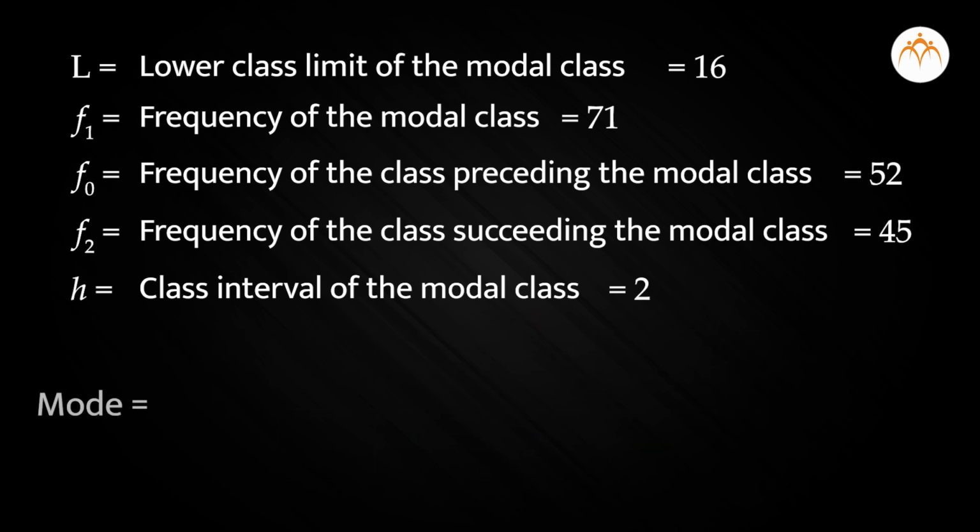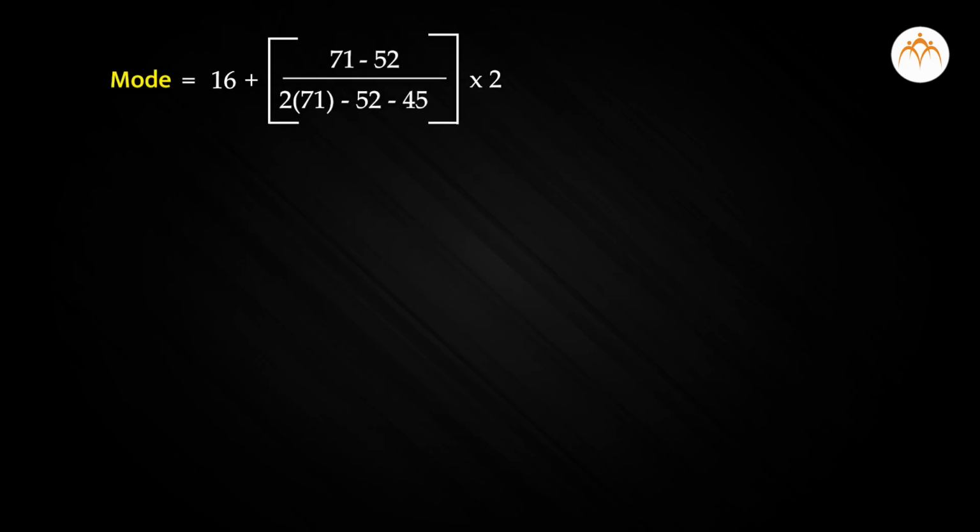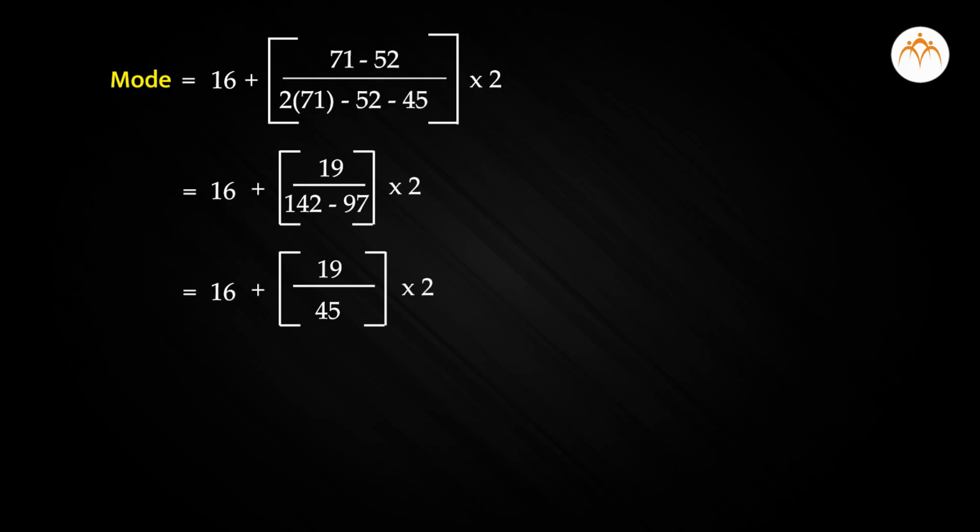Now the formula is mode is equal to L plus (F1 minus F0) upon (2F1 minus F0 minus F2) into H. Therefore, mode is equal to 16 plus (71 minus 52) upon (2 into 71 minus 52 minus 45) into 2, is equal to 16 plus 19 upon (142 minus 97) into 2, is equal to 16 plus 19 upon 45 into 2, is equal to 16 plus 0.42 into 2, is equal to 16 plus 0.84, is equal to 16.84.